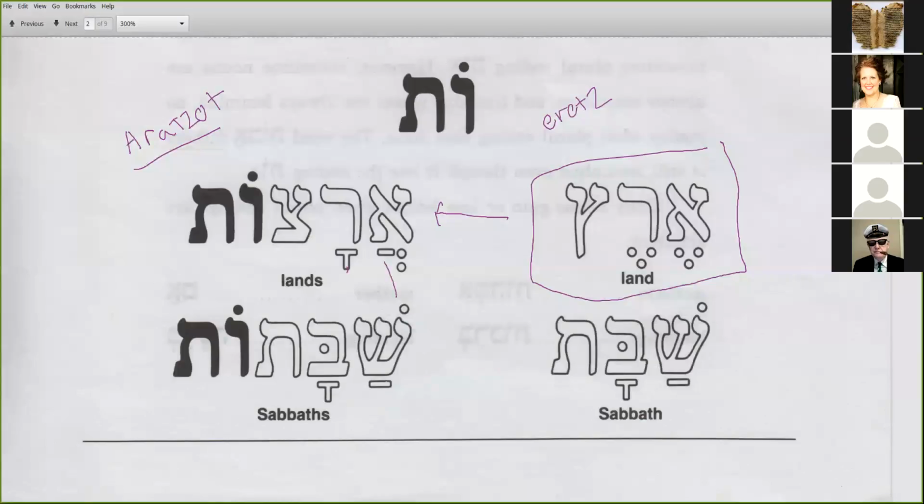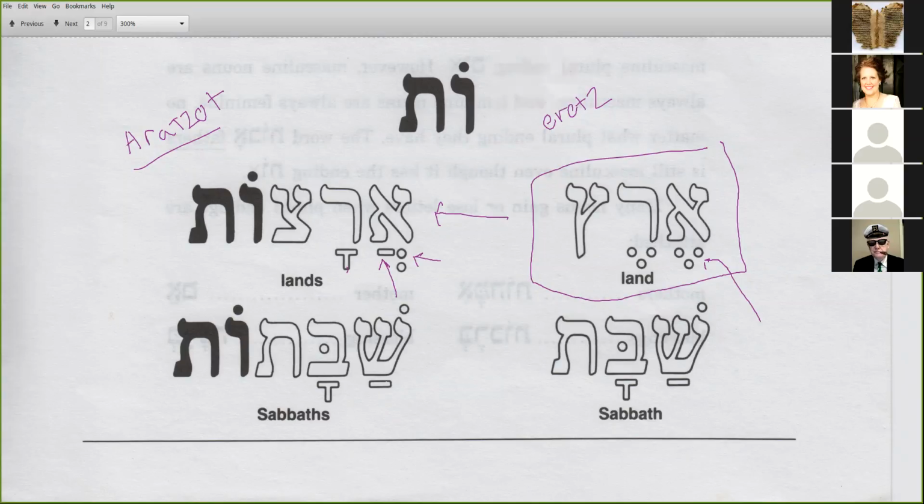Notice because we have an A-class vowel, even though it's reduced with the Shavah, it goes from S sound, segol, to aratzot. Does that make sense? Yes, that helps a lot.